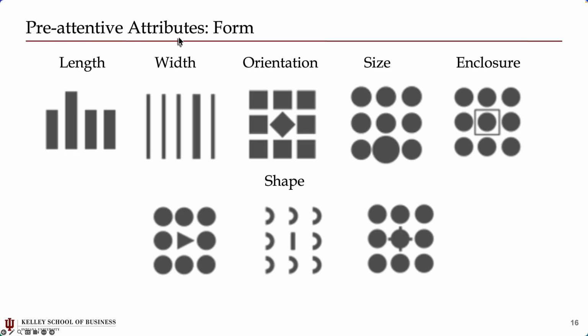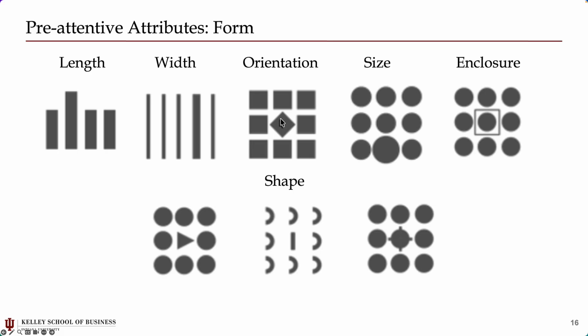Form attributes include the length, the width, orientation, size, enclosure, and shape. So longer items pop out from shorter ones. Thicker lines will stand out from the thin ones.